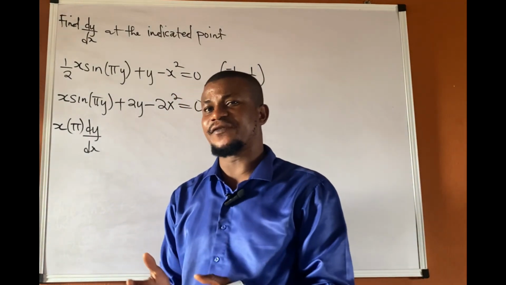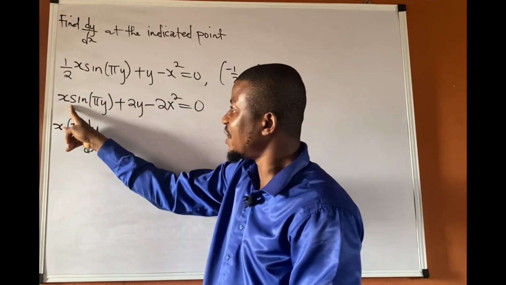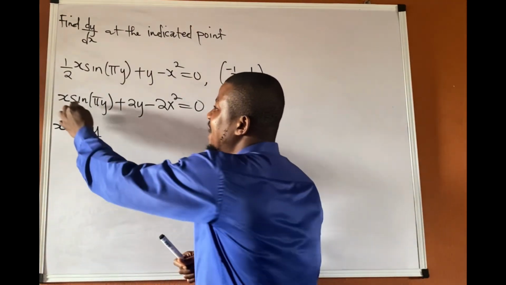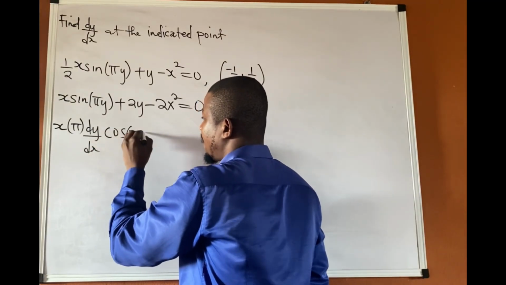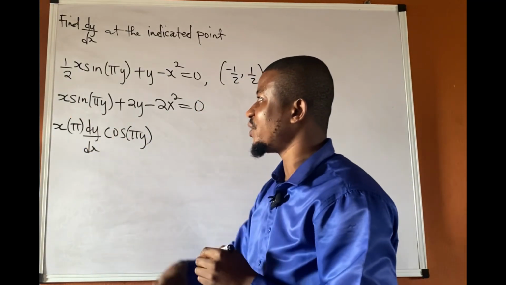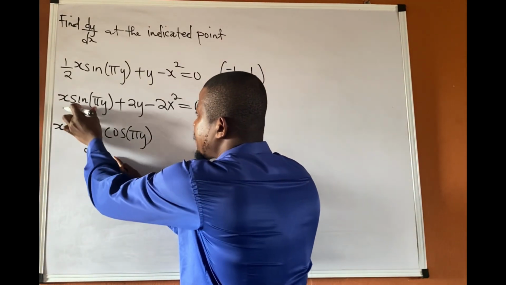Remember, whenever you're differentiating a chain function, you differentiate the inner function and you get a value, and you now need to go outward. The derivative of sine of anything is cosine of that value. And we are done with that first part of the product rule. So we hold this, differentiate the whole of this.